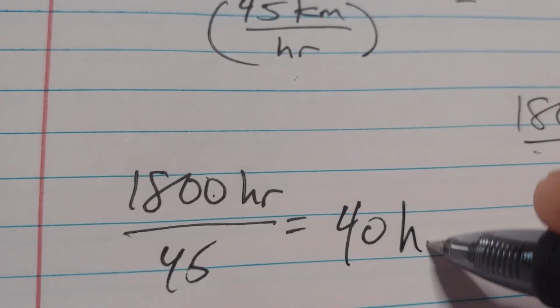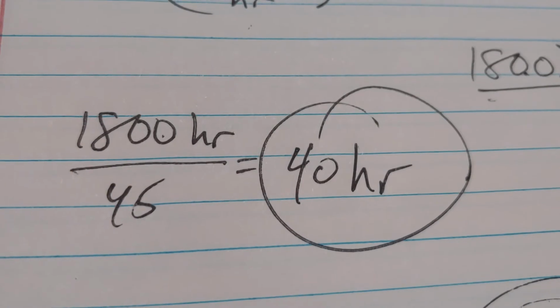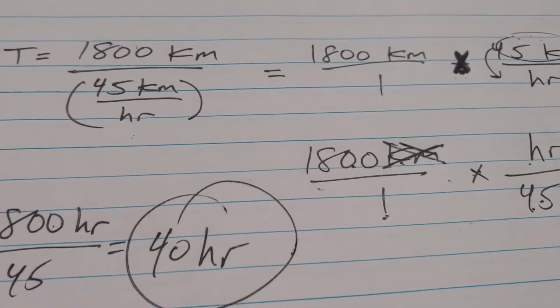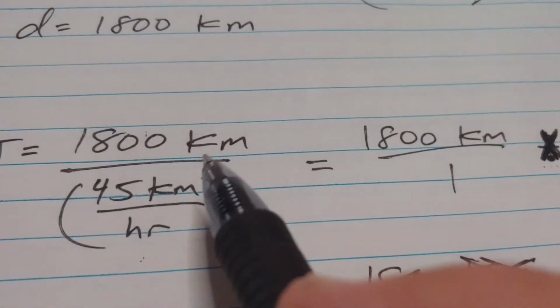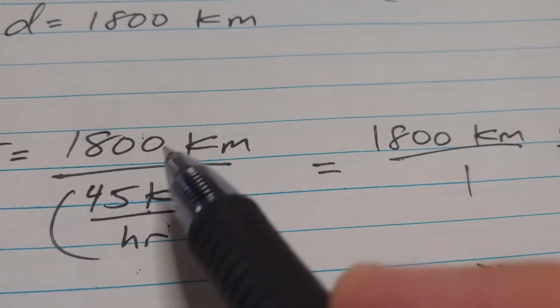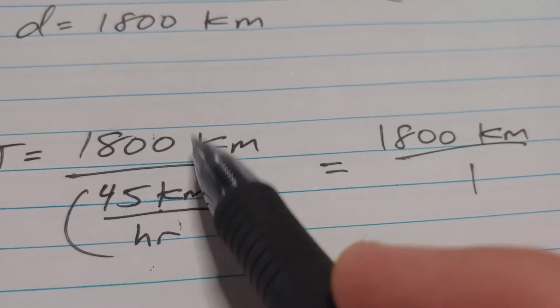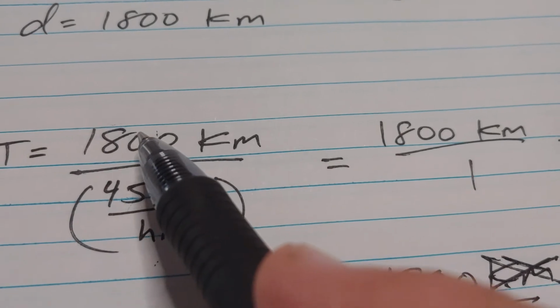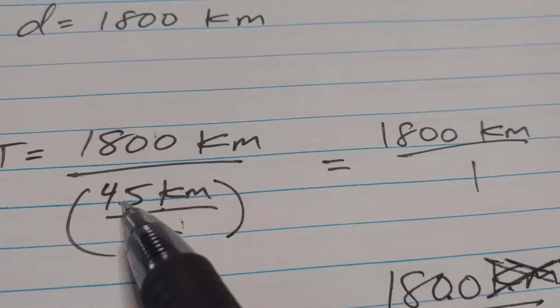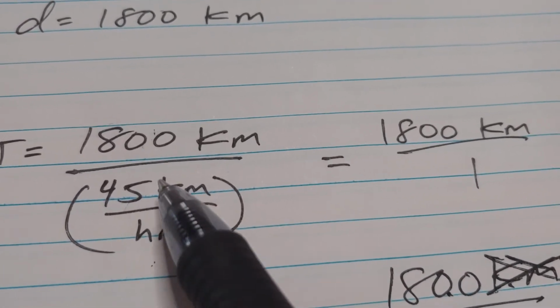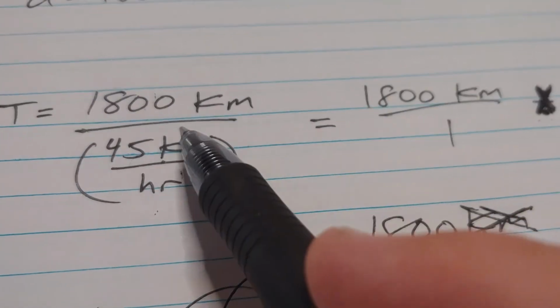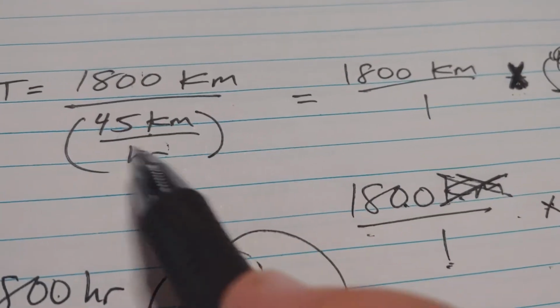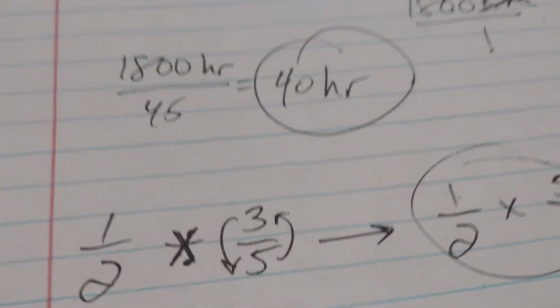And then we're left with hour. That's your answer. See? So the main thing was this part right here. You had a fraction inside of a fraction. So again, we rewrite it. 1,800 over 45 km an hour would be 1,800 divided by this, and then we do the reciprocal part, okay?